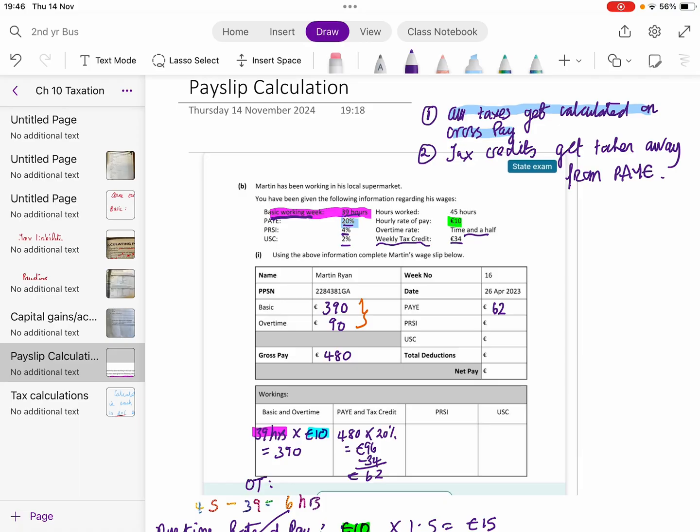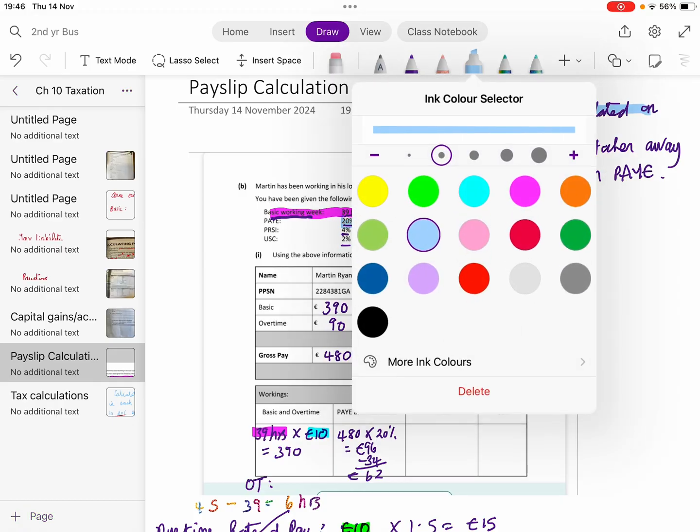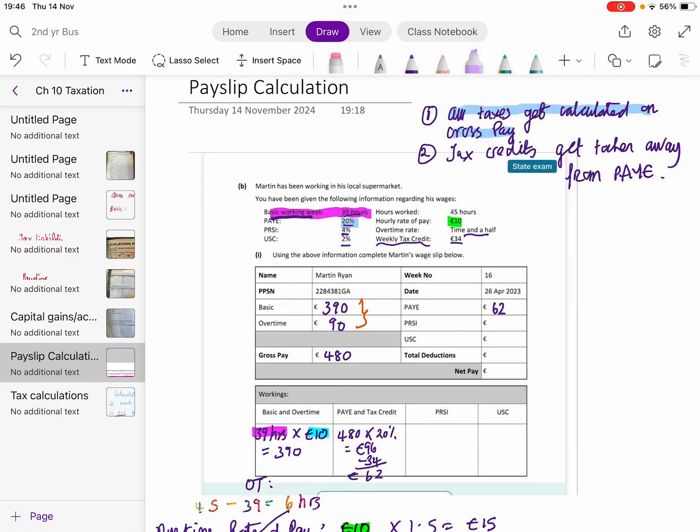So PRSI girls, again, I'm going to just highlight my 4%, and I'm going to come down in here to the box, and I'm going to do my gross pay, my 480 multiplied by my PRSI rate of 4%. And when I do that, girls, I have €19.20.